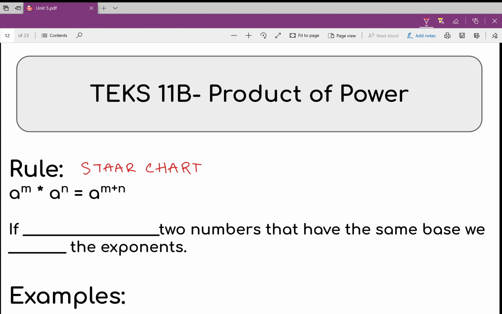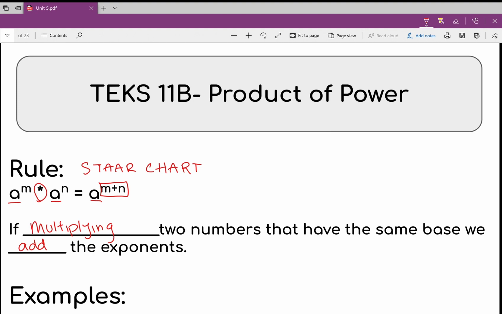It says if multiplying two numbers that have the same base, remember the base is right next to the exponent, so these a's are our base, we add the exponents. That's what we're doing right here, we add them. So that's the rule we're going to practice today.